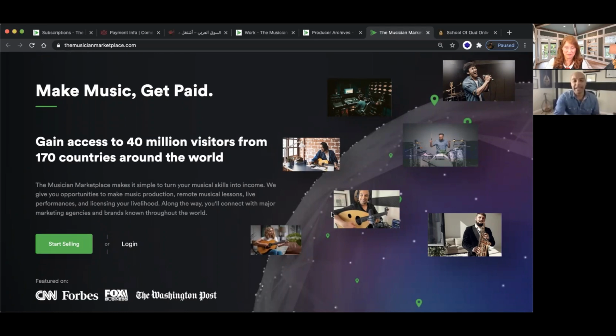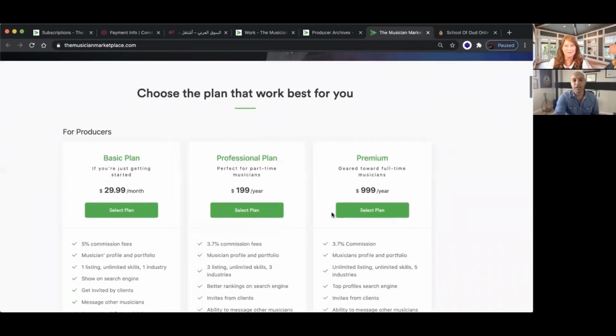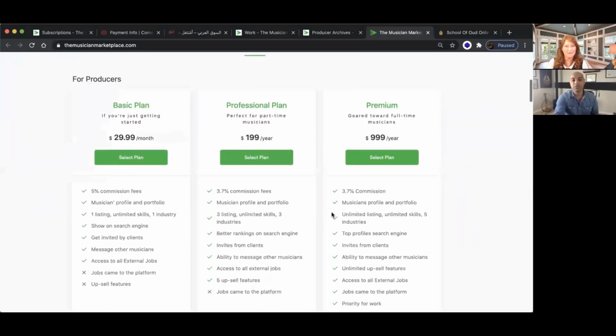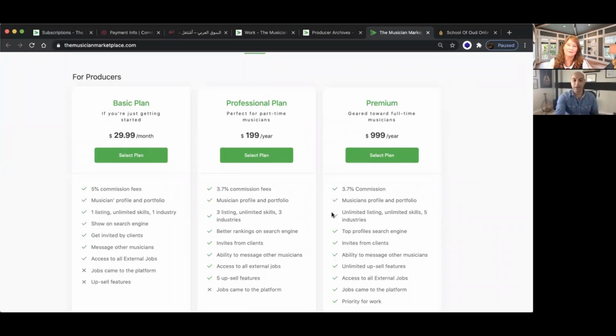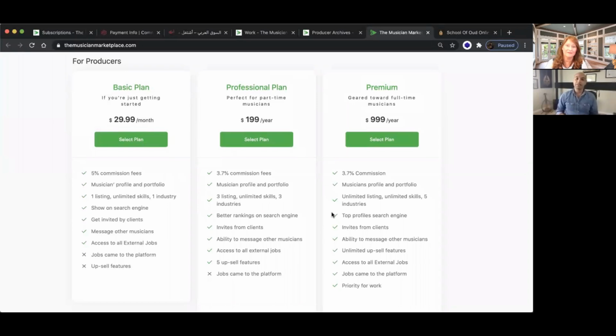So we have extraordinary, wonderful plans for the musicians. If they are producers, there's a basic plan for only $30 a month. Basically, it's a very little thing, like a couple of coffees or teas during the month.